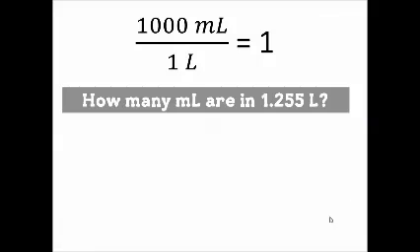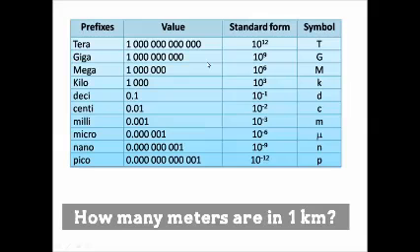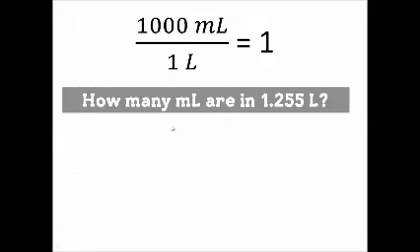So 1,000 milliliters are in 1 liter. If you go back to our chart here, milli means 1,000th. So it's 1,000th of a liter. That means 1,000 milliliters can fit into 1 liter. Since milliliters are smaller, a lot of them will fill up 1 liter.